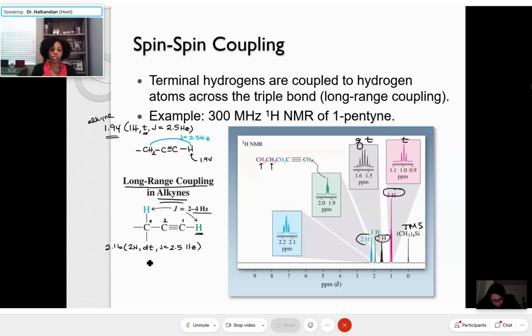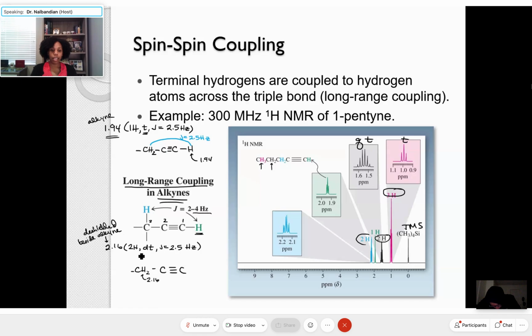So here, 2 hydrogens, so I'm going to put CH2. And this is deshielded. Why? Because it's beside the alkyne. This alkyne is pulling away electron density. So it's deshielding these, so they show up at 2.16.